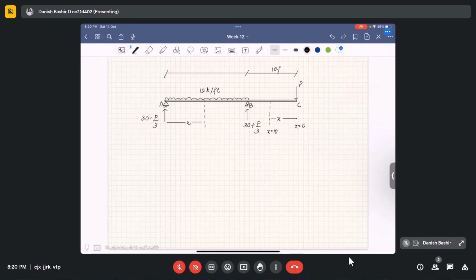10 feet here, and this is actually 30 feet here. So x is equal to 10 here; again x will be 0 here, and x will be equal to 30 here.